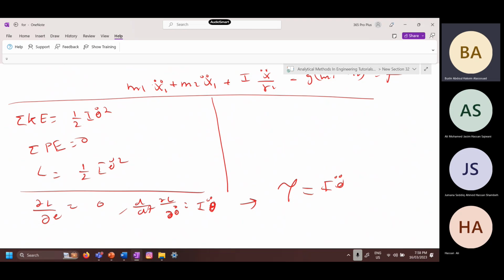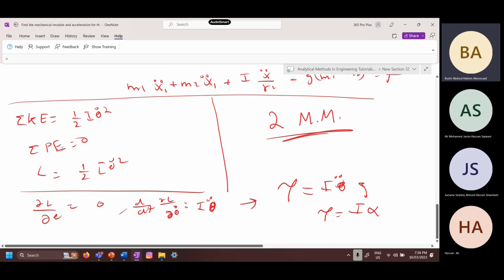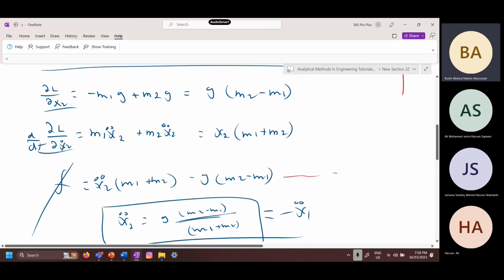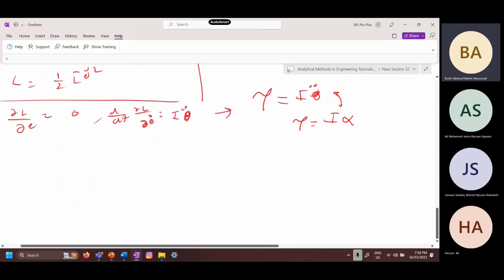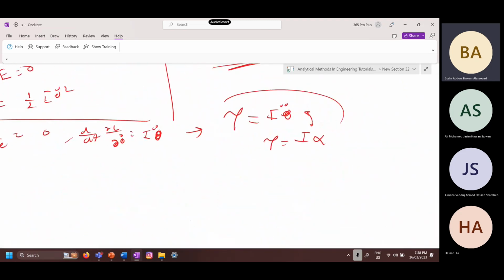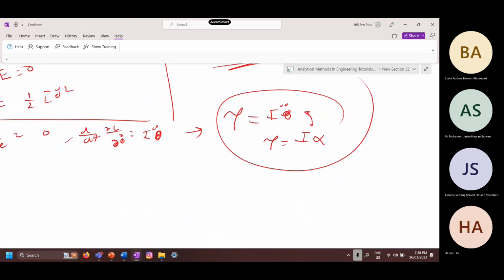What you studied before in dynamics, that torque is equal to inertia times the angular acceleration, is the same. Okay, that's for the system. This means that this system has two mechanical modules. The first one is the same as in case 1, this one here. And the second one is what we just obtained here.